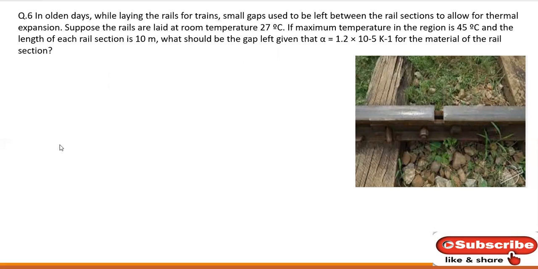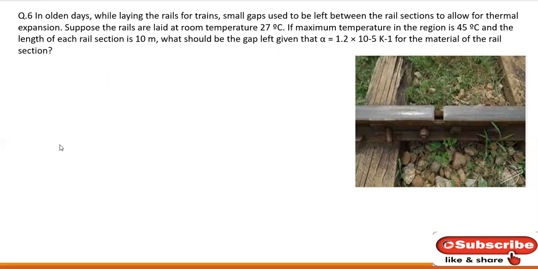The length of each rail is given, and the maximum temperature in the region is given as 45 degrees Celsius. We have to find out what should be the gap left between the two rails.